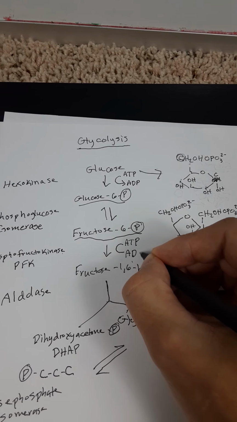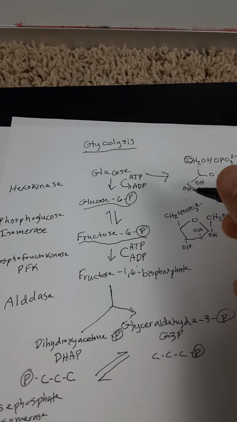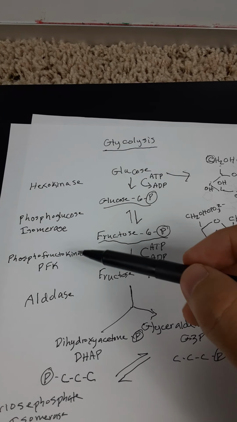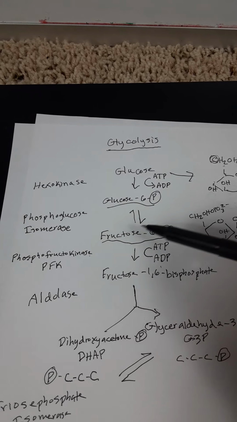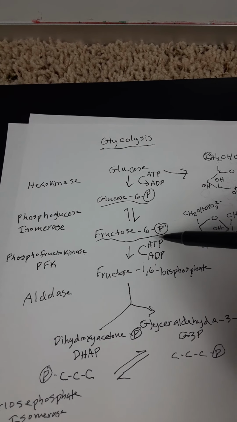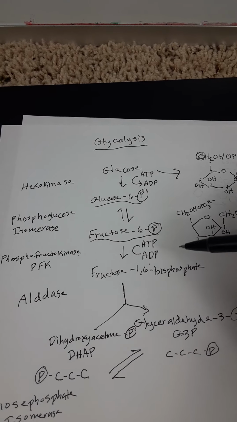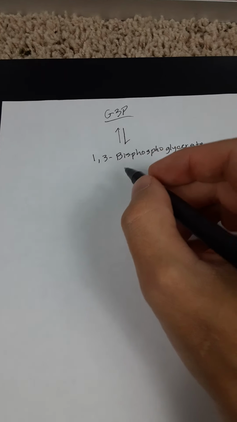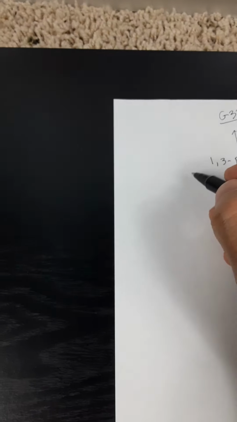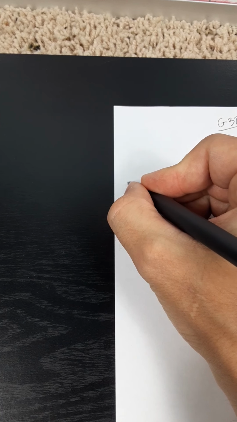Okay, so adenosine triphosphate. Okay, phosphofructokinase is going to take the phosphate group and it's going to add it to the structure, making it fructose 1,6-bisphosphate. Okay. All right. So that happens twice in that process. Sorry about that.